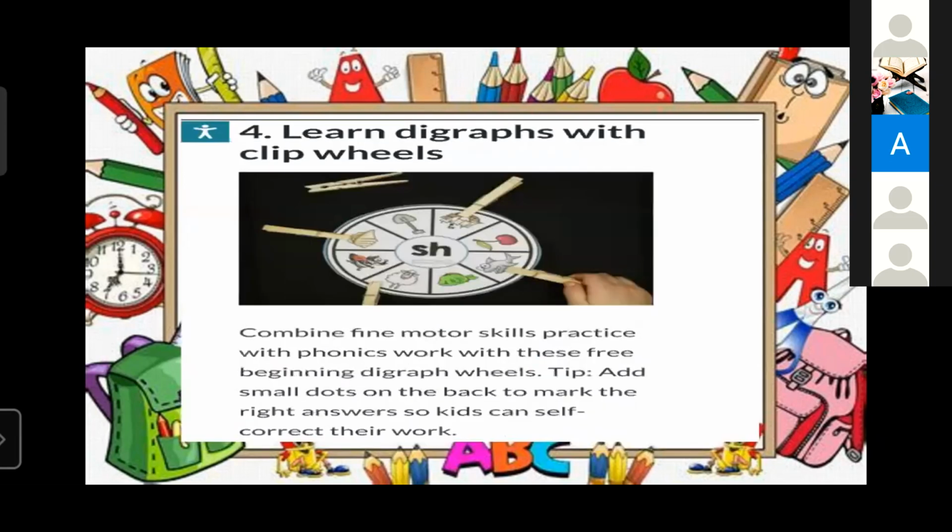And here, learn digraphs with clip wheels. This is very funny when you use it with your learners. You choose a sound and you ask them to draw a wheel at home and stick different pictures starting with the sound. For example, sh.